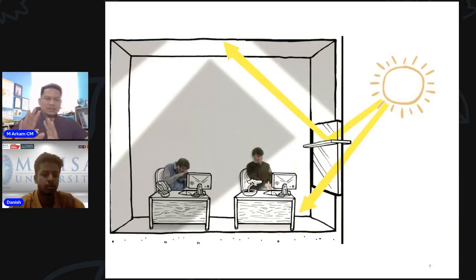So it creates a different perspective, a different experience when you look into this kind of situation regarding the glare from the sun entering the building.